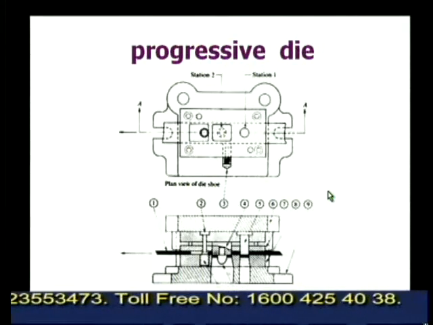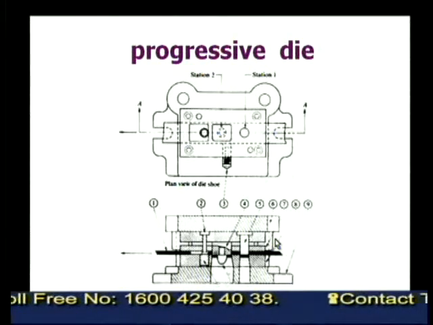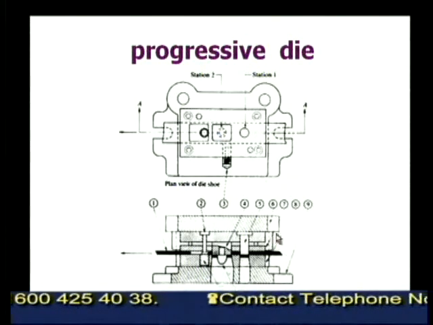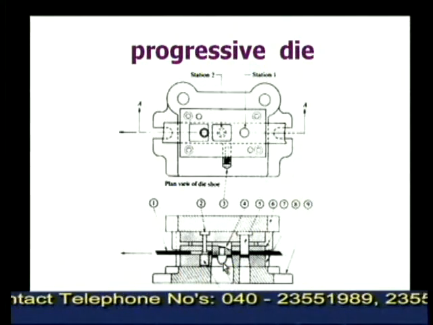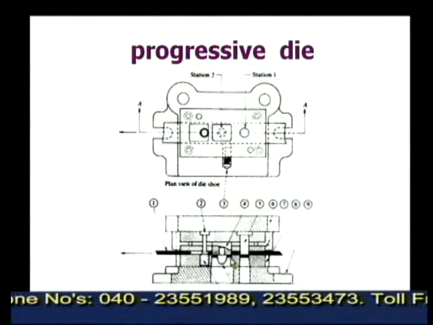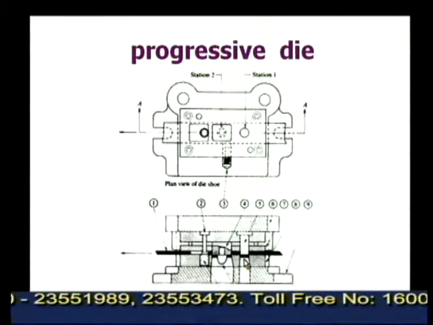Now this is another diagram of a progressive die. So it can be observed here. This is the guide pin which locates the piece being cut here.